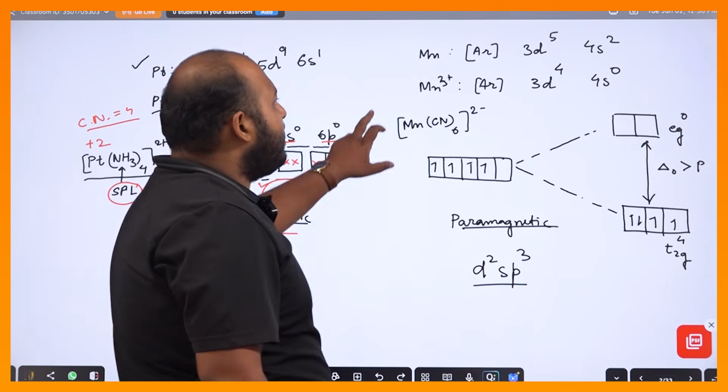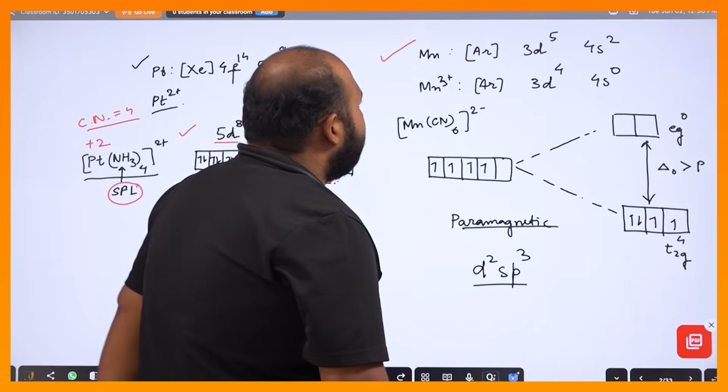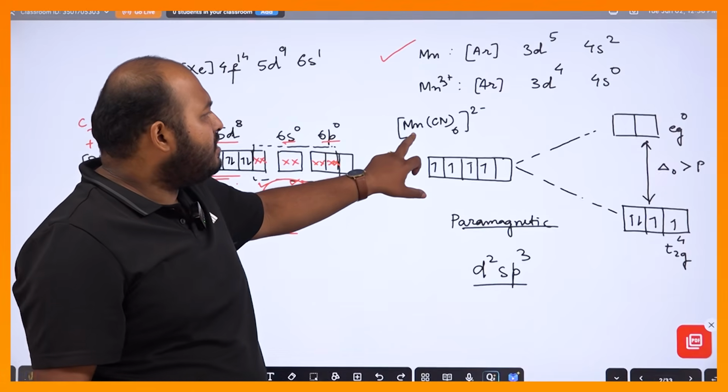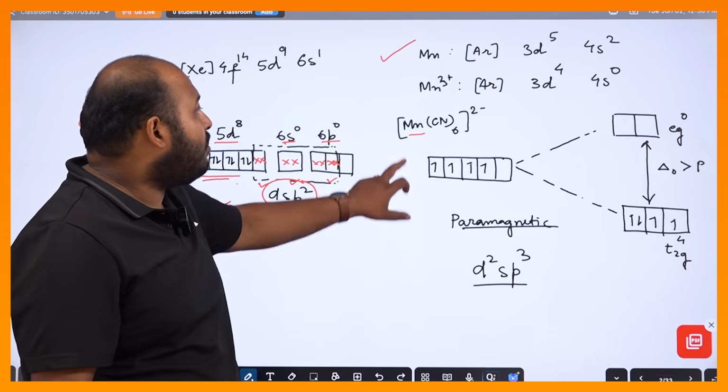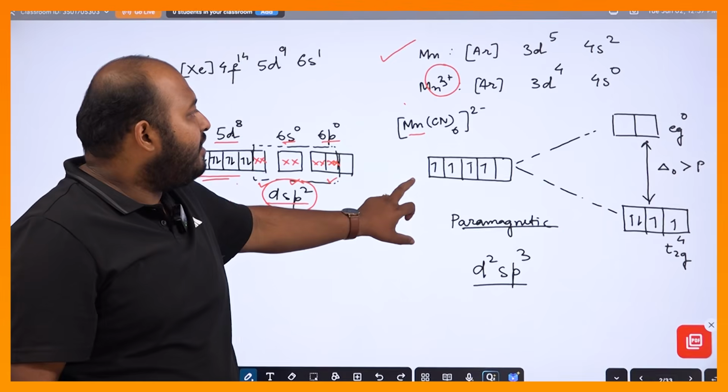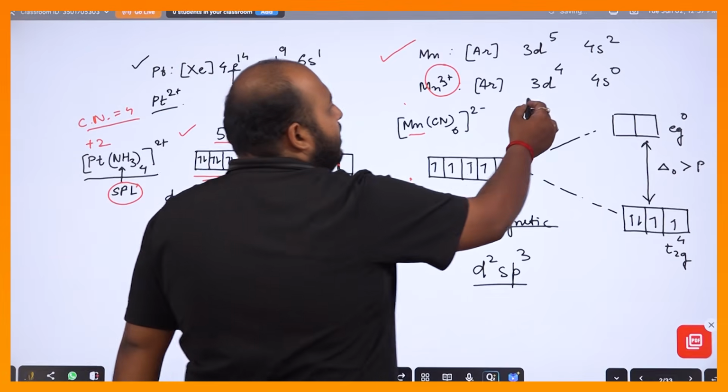So the second one, if we consider, it is of manganese. This is a question where you can see the manganese is in which oxidation state? It is in +3 oxidation state. So the configuration here is 3d4.